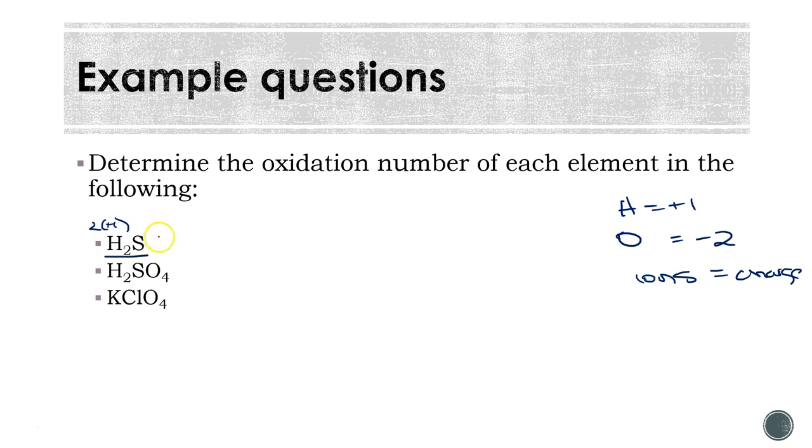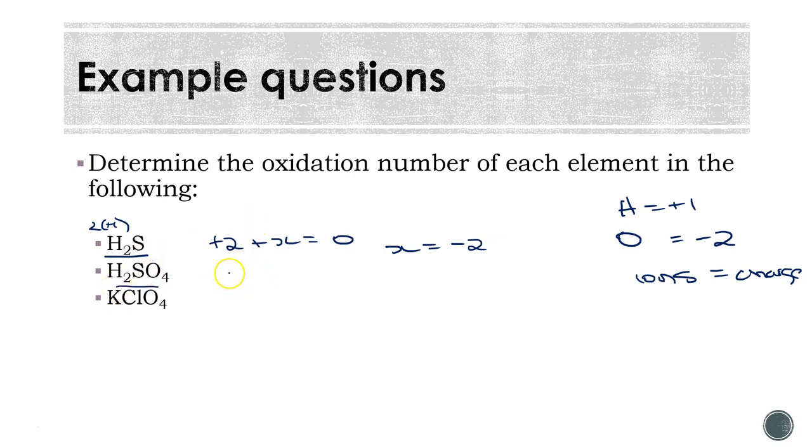I'm going to add up to 0 overall because this molecule is uncharged. So what I've got is +2 plus x is equal to 0. x is going to be equal to -2. So the oxidation number of sulfur will be equal to -2.